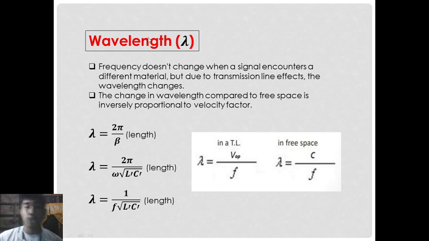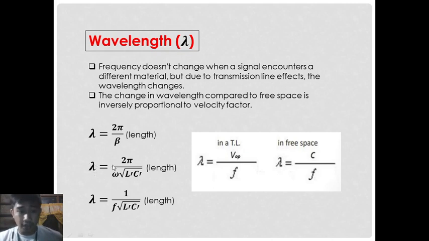Now, wavelength. As we discussed earlier, frequency doesn't change when a signal encounters a different material. But due to transmission line effects, the wavelength changes. The change in wavelength compared to free space is inversely proportional to the velocity factor. Right here, as we discussed earlier, is the equation for wavelength.